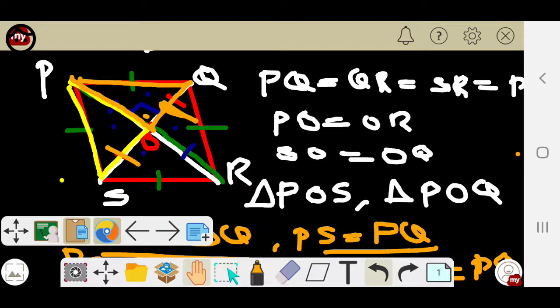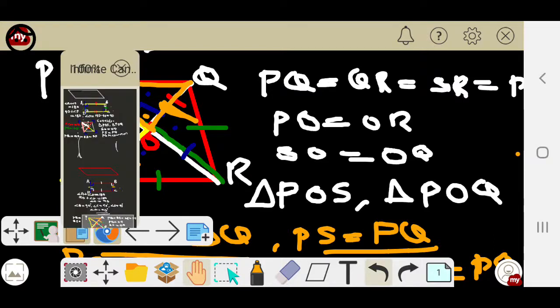In triangle POS and POQ, angle POS equal to angle POQ, because if two triangles are congruent, their corresponding angles are also equal.